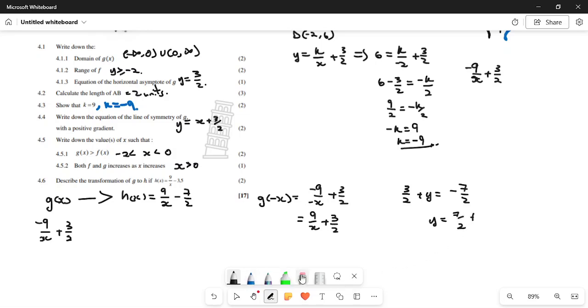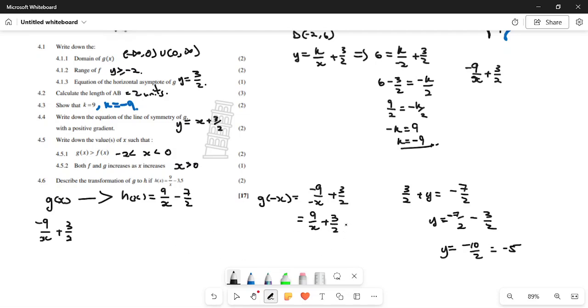Okay, this is just solving for y. Not plus, that's supposed to be minus. So minus 3 halves. So that means this is a negative 7 divided by 2, right? So minus 7 minus 3, that's a minus 10 divided by 2, which is a minus 5. So that means the function of g was shifted 5 units downwards.